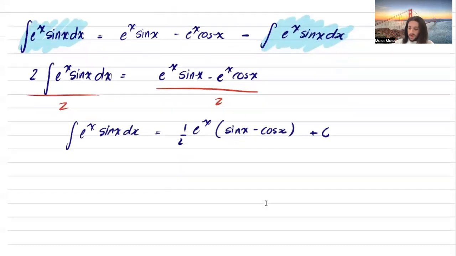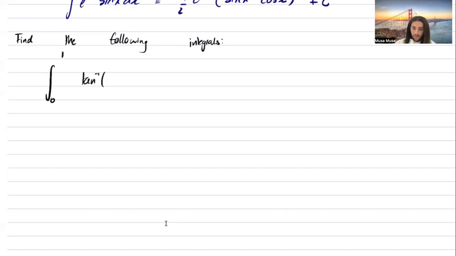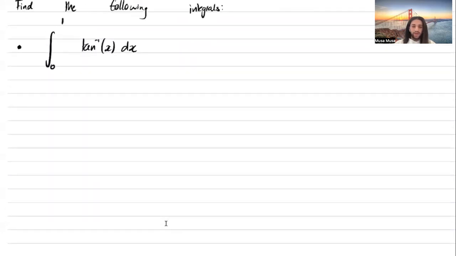Okay. Now for extra practice, I'm going to get you to just have a go at some of these integrals. So can you find this? Have a go at that one. So have a go at this, and then pause if you'd like. I'm just going to write a few more.